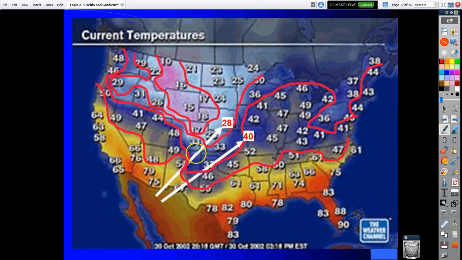They might give you a weather map to show you the 2 cities. I've got a city over here in Nebraska sitting in this cold air at 28 degrees. I've got a city over here in Missouri, not as cold, 40. There's my 12 degrees. So I've got city A and city B. I found the difference, right? 40 minus 28 is 12. And then I have a measurement between them of 240 miles.